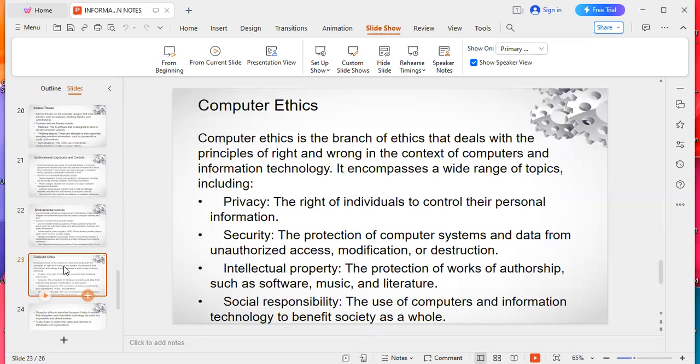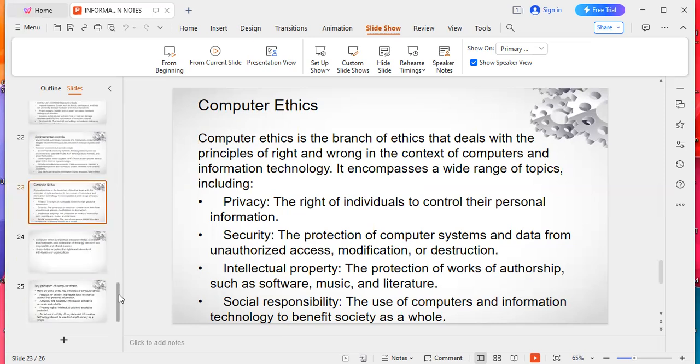So let's now move to computer ethics. This includes privacy, the right of an individual to control their personal information; security, that's the protection of computer systems from unauthorized access, modification, and destruction; intellectual property, the protection of works of authorship, such as software, music, and literature, against piracy; and social responsibility.